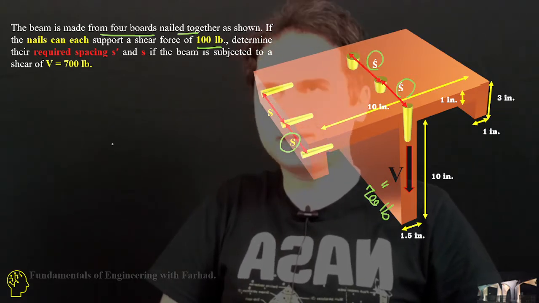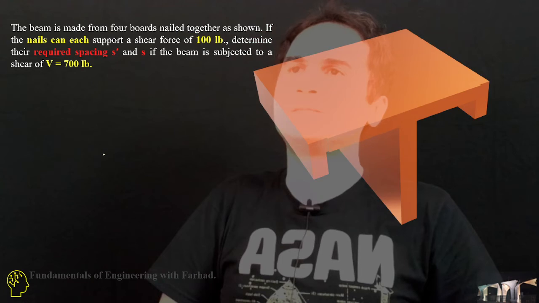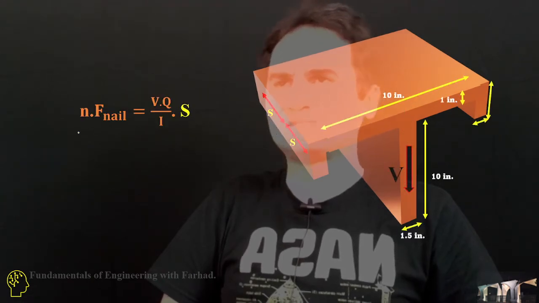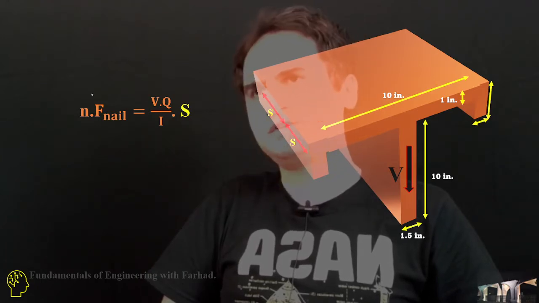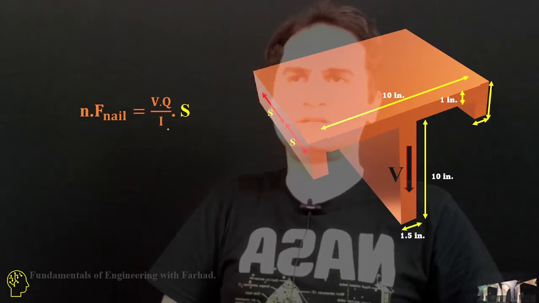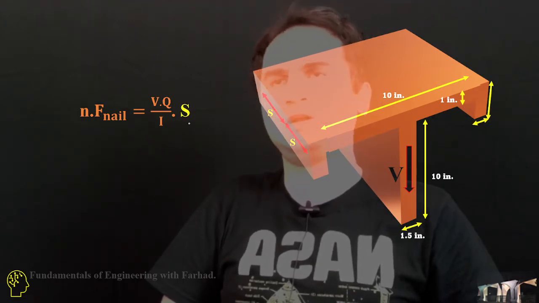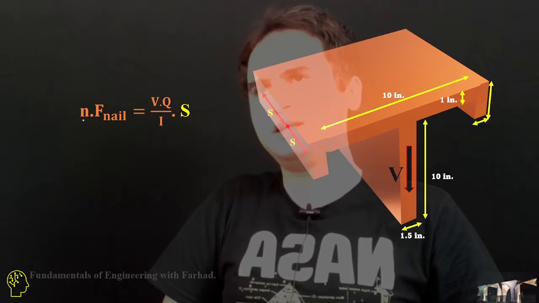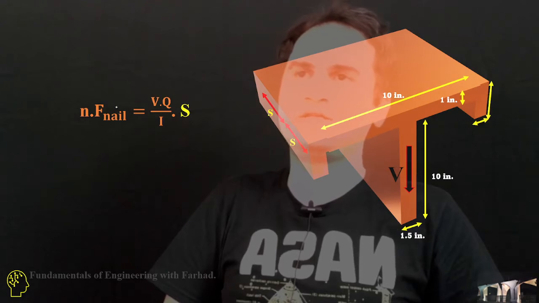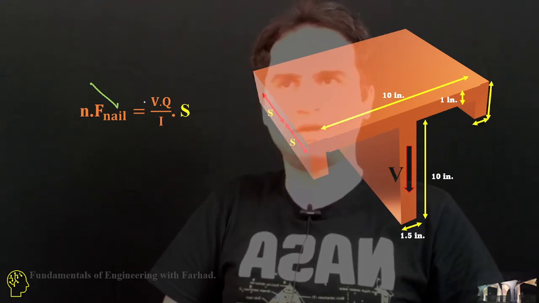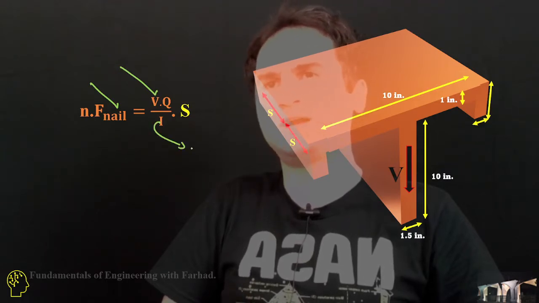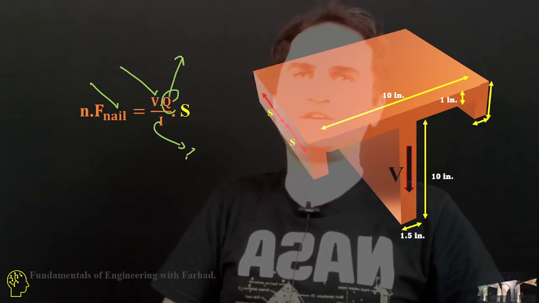Let's see how we can approach this problem. In this kind of shear problem, the equation is n times F nail is equal to VQ over I times s. N is the number of nails per unit of area, and F is the capacity of nails, which is provided in the problem statement. V is the shear, which is also provided. I, we need to calculate the moment of inertia.